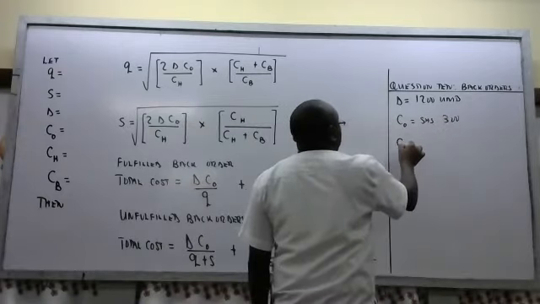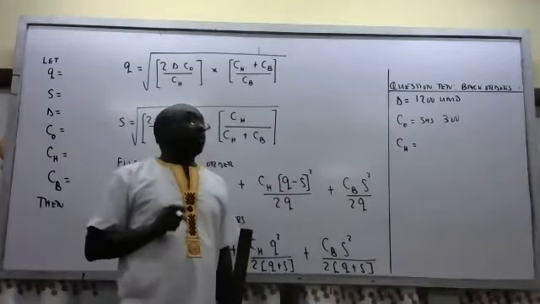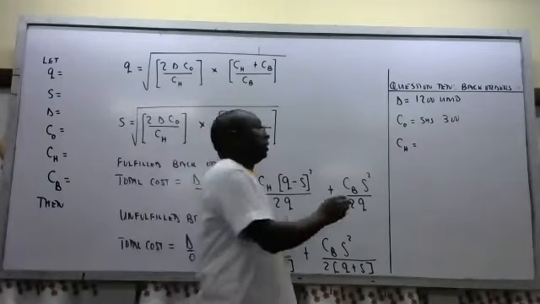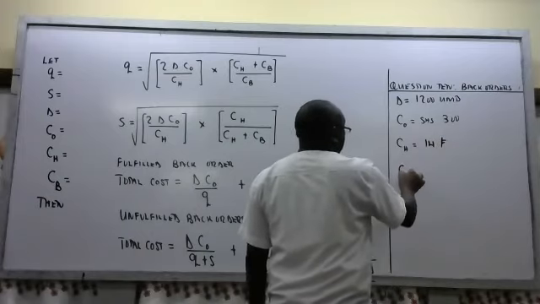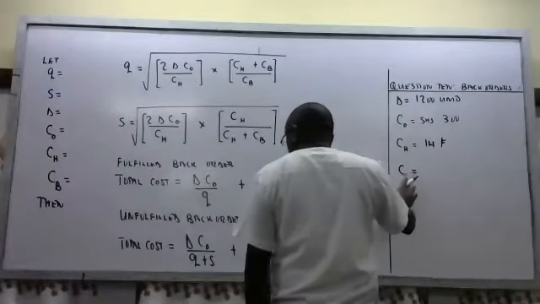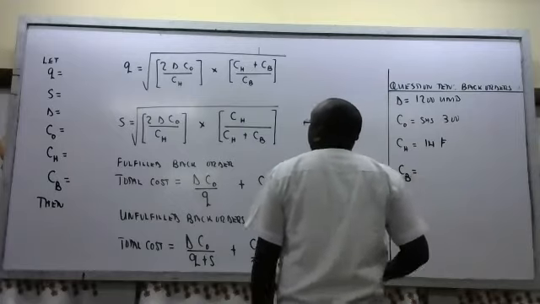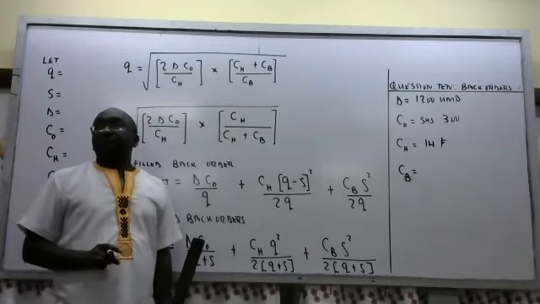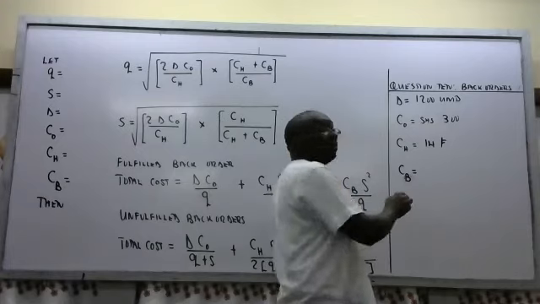The next thing that you need to know is CH, holding cost per unit. It is 14 shillings. And the last thing you need to establish, we call it CB, the shortage cost per unit, which is the profit, 5.